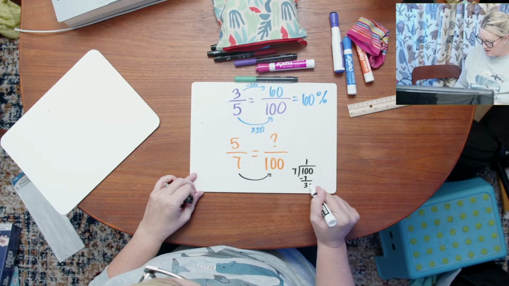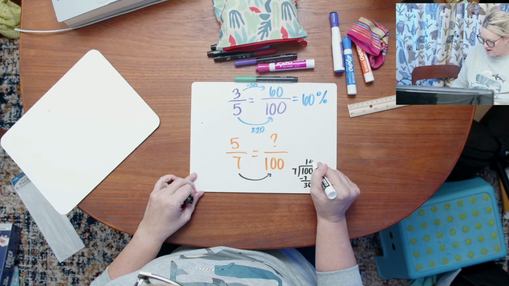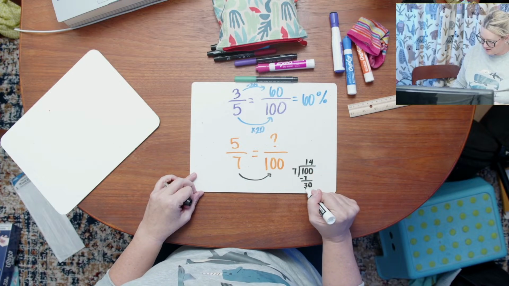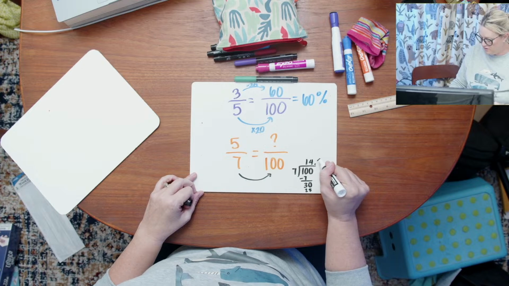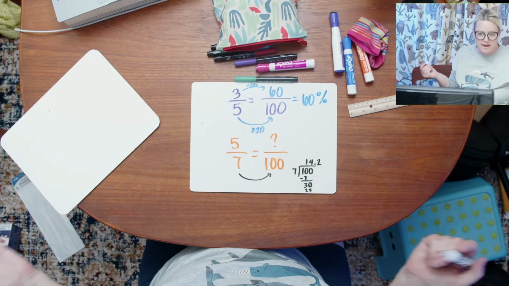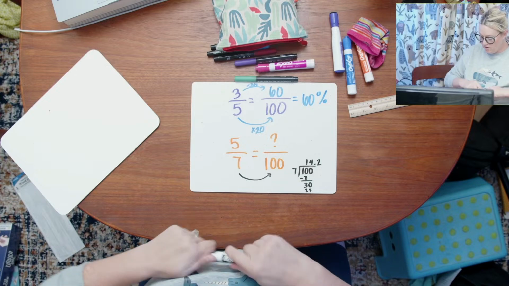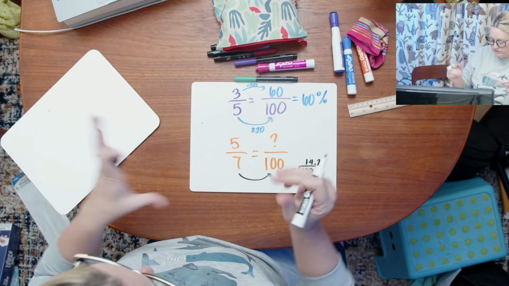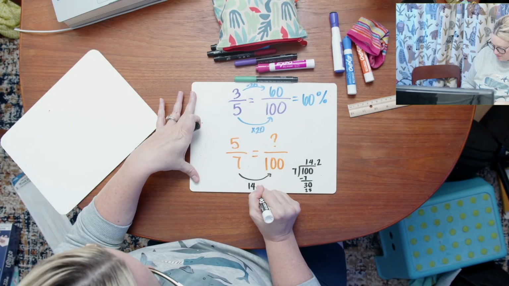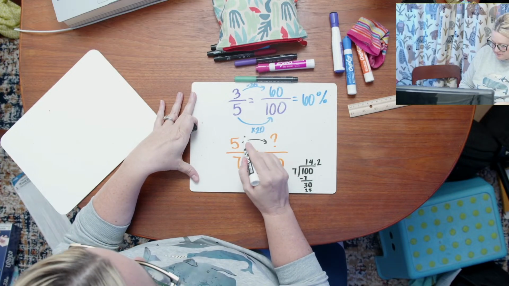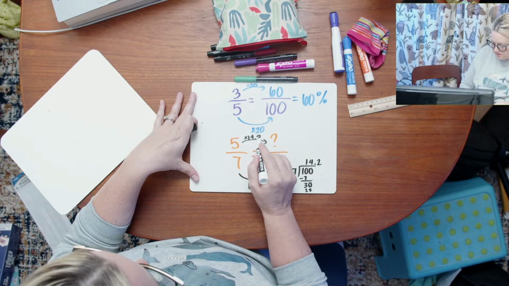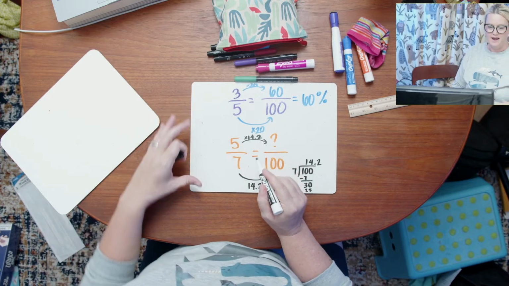Subtract that, I get 3. Bring down the 0, I get 30, so 4 times 7 is 28, and so on, giving about 14.2. So 7 times about 14.2 gives me 100. Then 5 times 14.2 would give me this percent.